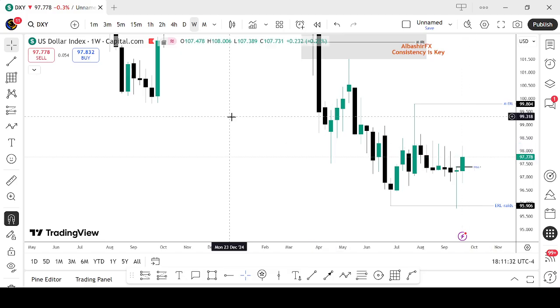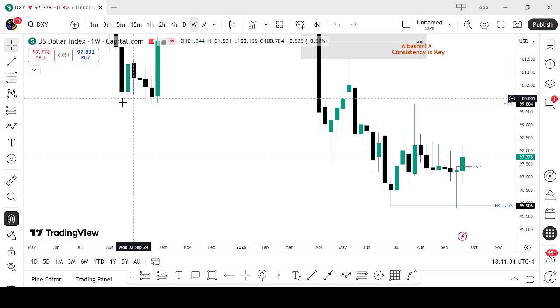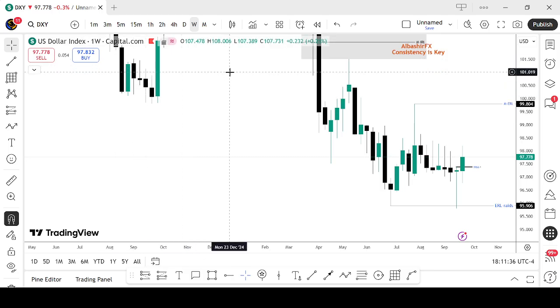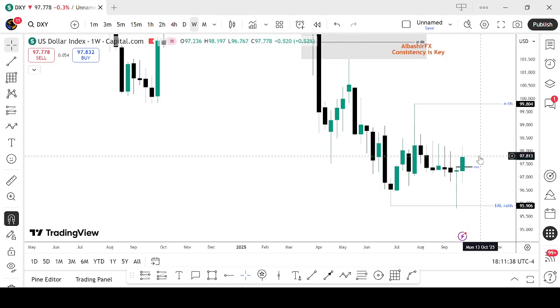On the weekly dollar index, on the weekly time frame, we have seen, just like we pointed out in our previous weekly forex forecast, I am very pleased to see price respect the areas we mentioned. I did mention that with this candle wick, I don't want to see price go below it, right?